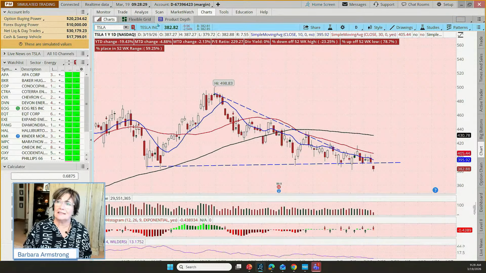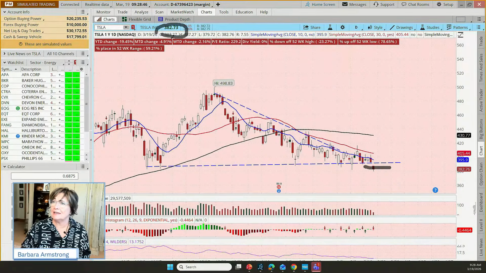So can I do the same type of thing that we just did on the upside? Only this time we are going to buy a put, and again we're going to bracket. If it's at 382, we'll maybe buy the 380. And again, this is 380 bucks, my friends.